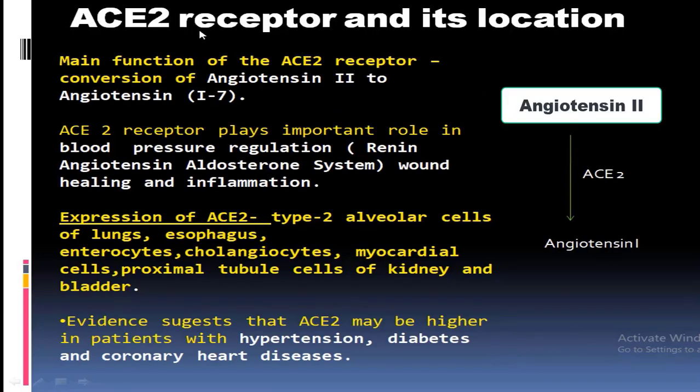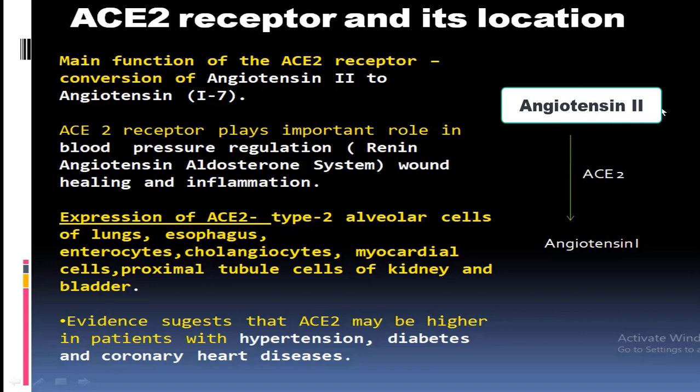Now let's see how this ACE2 receptor works and where it is located. The main function of this ACE2 receptor is to convert angiotensin 2 to angiotensin 1. This is one of the steps of the renin-angiotensin-aldosterone system, which is helpful for the regulation of blood pressure, wound healing and inflammation.